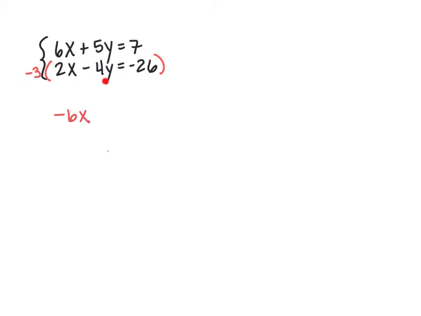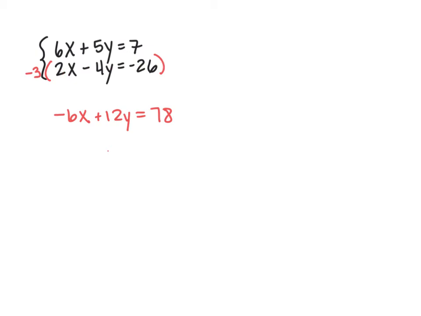Negative 3 times negative 4y is going to be a positive 12y. Negative 3 times negative 26 is going to be a positive 78.